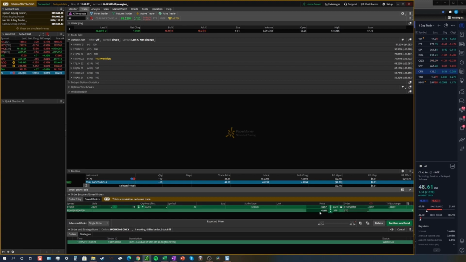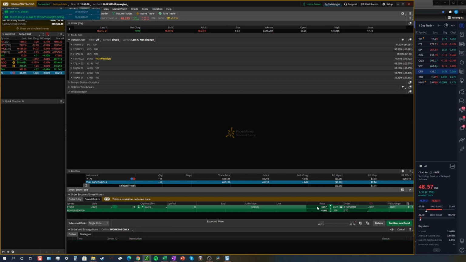Once it meets that trigger, it would then activate the order. And the order would then be set at, okay, so there it is. Okay, so we just got filled. All right, so the order was then at 48.57.